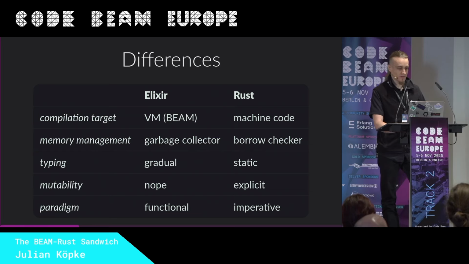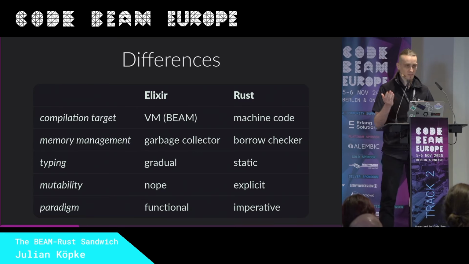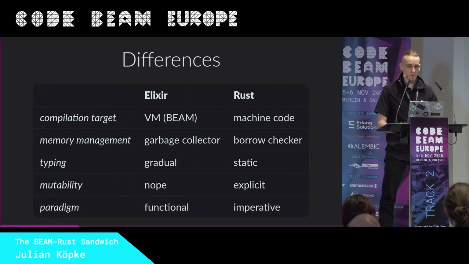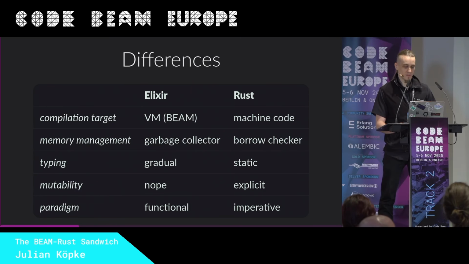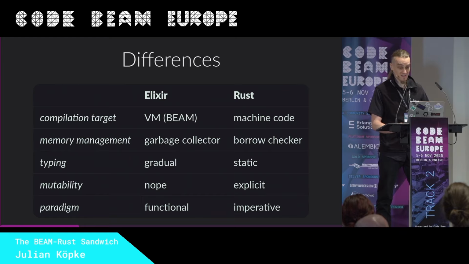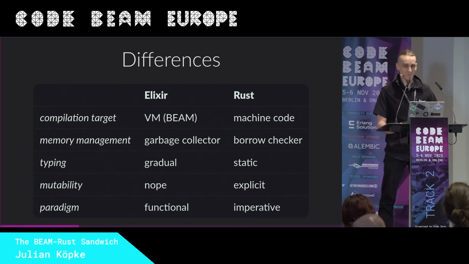So nothing during runtime. The typing in Elixir, we heard it today, is work in progress. I'm actually looking forward to having more support there, but it's not a statically typed language. And Rust is. Everything is super strict.